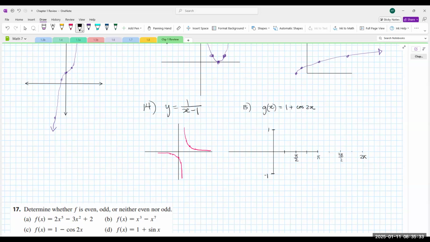The period of cosine is originally 2 pi, but because we shrink that by a factor of 2, the period becomes just pi. Okay, the period equals 2 pi divided by the coefficient 2. It means it makes one full cycle in pi.